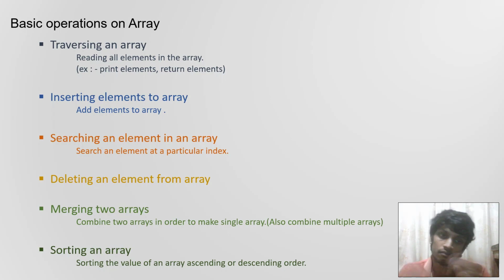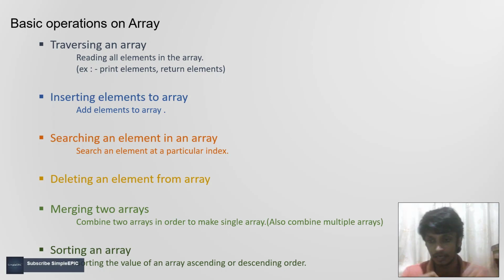So we can use some searching algorithm on that array in order to search for a particular value. And the fourth one is deleting an element from an array. As I told before, an array is a static data type, so you can both input, output, and also remove values from that particular array.